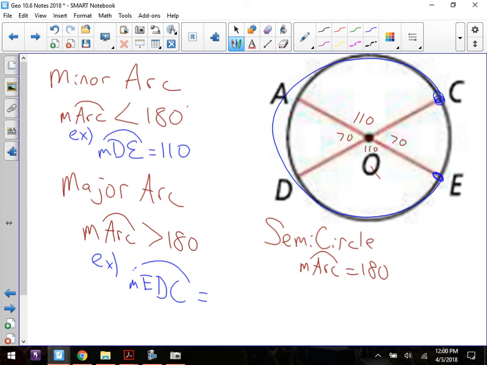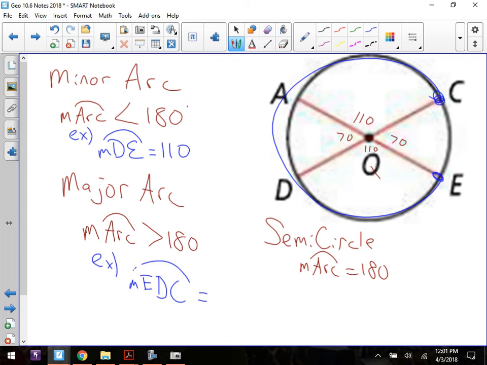There's a couple of ways you can figure that out. Do you know the 3 angles that created that? Do you know all the angles all the way around the circle? Could I add 3 things together? Could I take 360 and subtract 1 thing? It totally depends on what information you know.